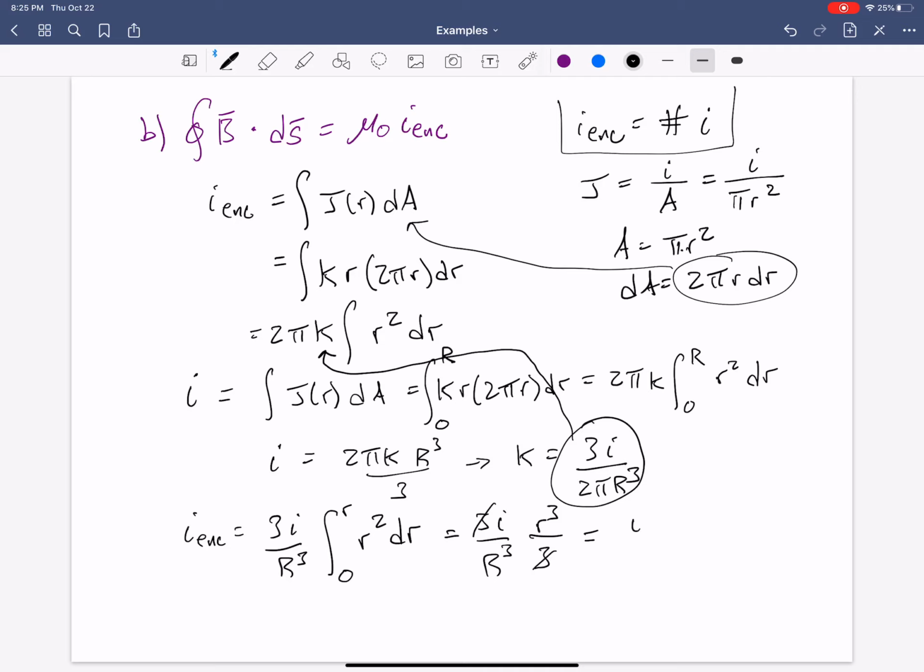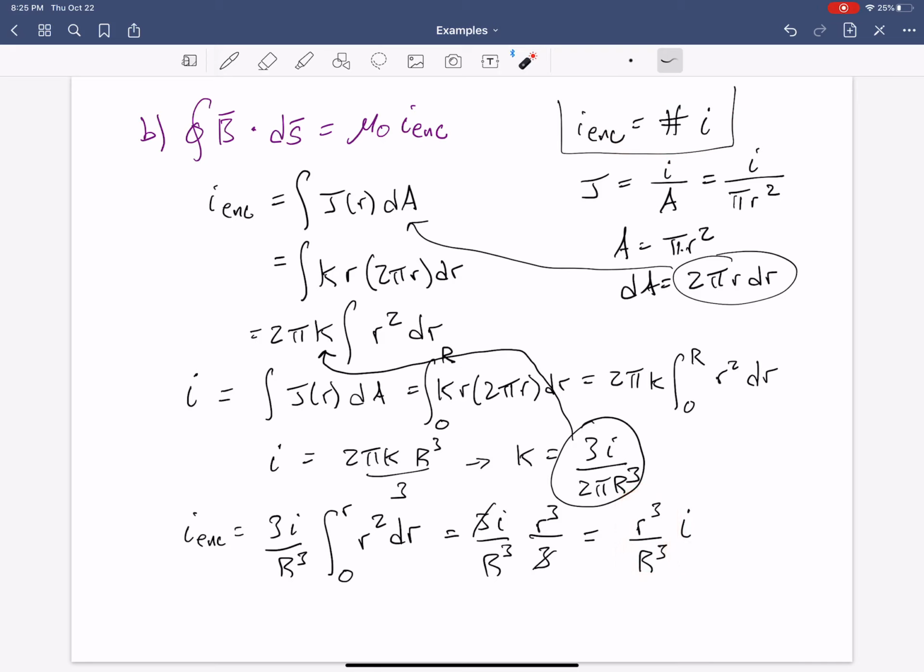well, let's do this. Let's write it with the ratio first. We have a ratio of r cubed divided by capital R cubed times our entire current. Just like I said, what happened up there. We have some ratio, right? Some percentage.